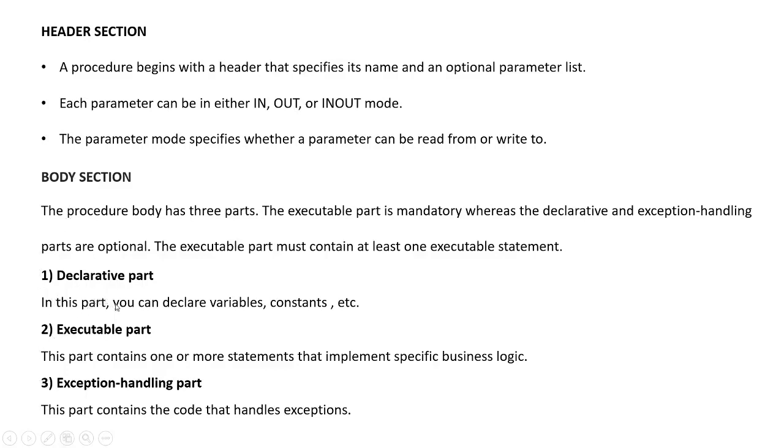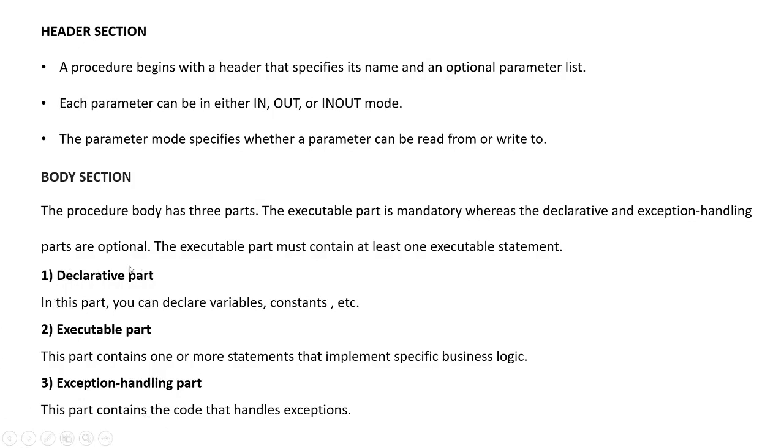One is the declaration part, then there is the executable part, and the exception handling. Suppose you want to declare some variables and constants, put them in the declarative section. The statements that are supposed to be executed, you put them under the execution section. And finally, if you think some kind of exceptions are going to arise, put those exception statements in the exception handling part.